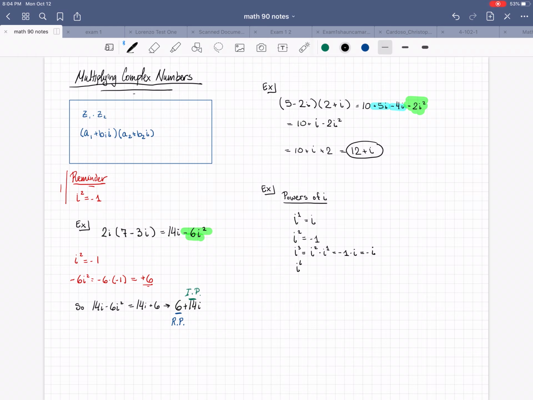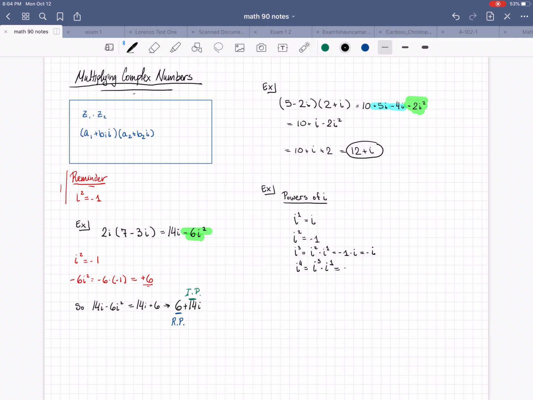i to the fourth power. Well, what's that? There's more than one way of looking at i to the fourth. You could think of it as i squared squared. You can think of it as i cubed times i. Whichever one is more comfortable for you. I'm going to introduce it as i cubed times i to the first, because that's in line with how I taught you the i cubed.